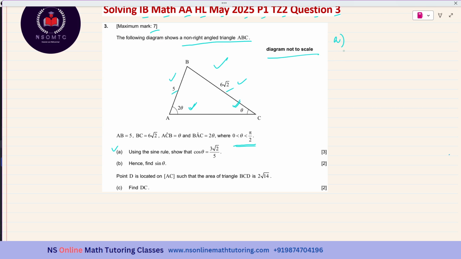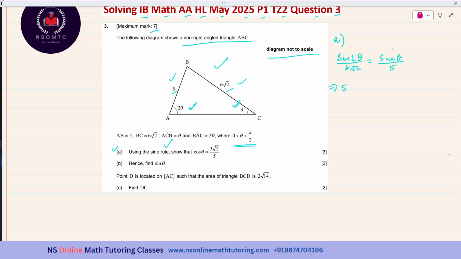So we take sine 2 theta over 6 root 2 equal to sine theta over 5. After cross multiplication, we get 5 sine 2 theta.